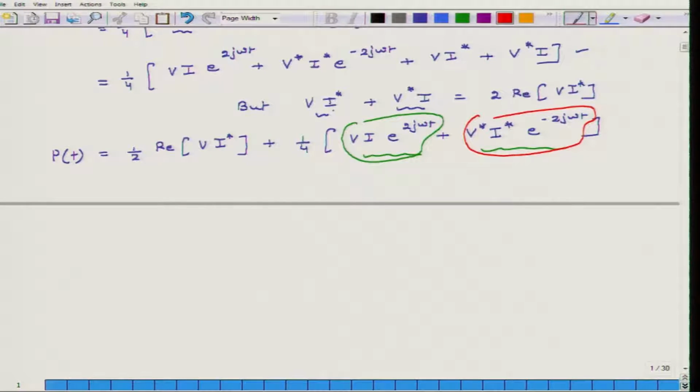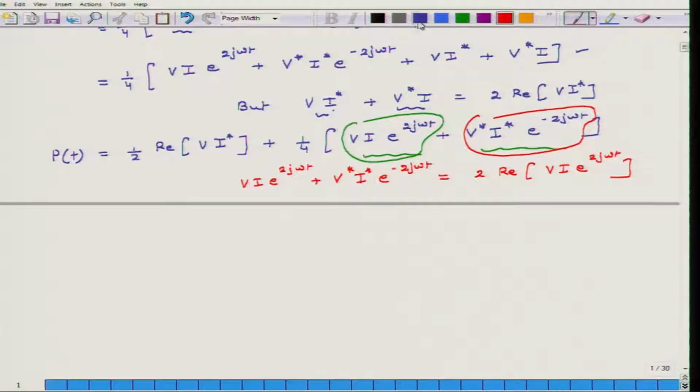So, we can say that V I e^(2 j omega t) plus V star I star e^(minus 2 j omega t) equals twice the real of V I e^(2 j omega t).